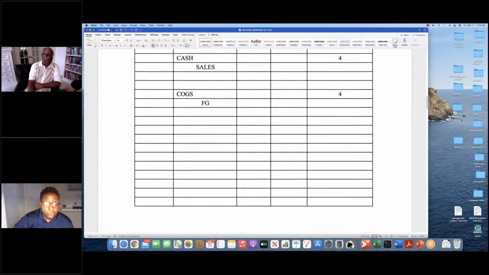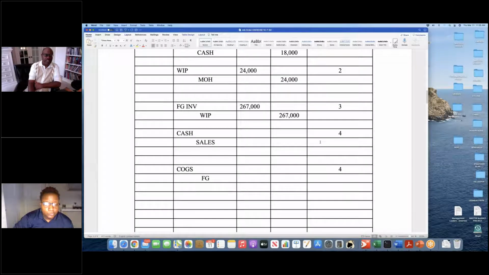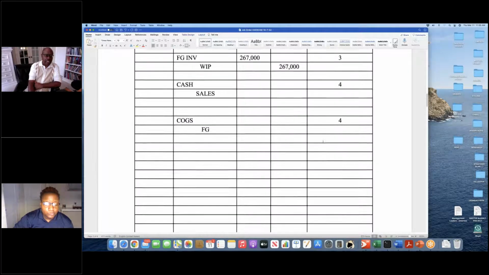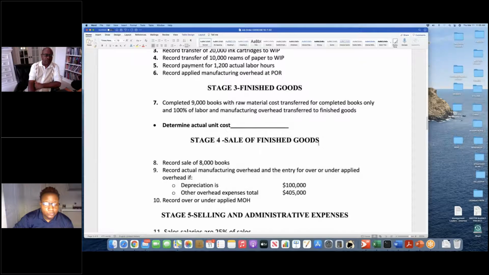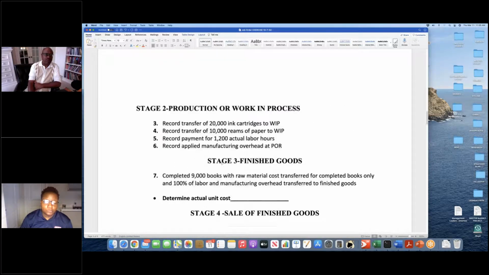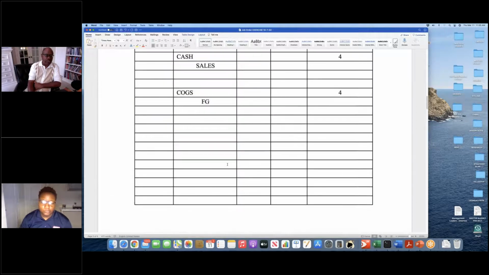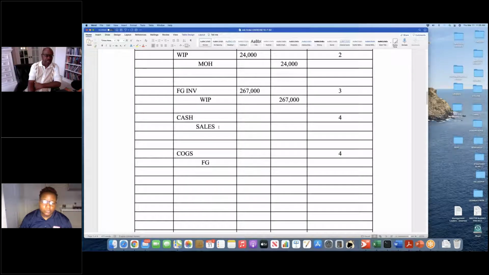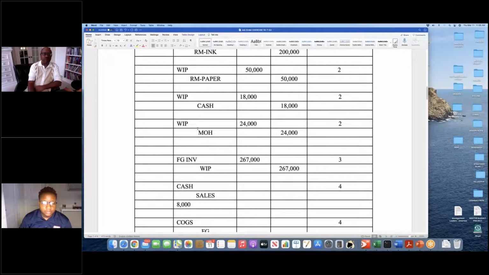Now, we make the sale. How many did we sell? 8,000. There are always two entries on the sale: debit cash and credit sales, debit cost of goods sold and credit finished goods. We sold 8,000. How much did we sell them at? 240,000.